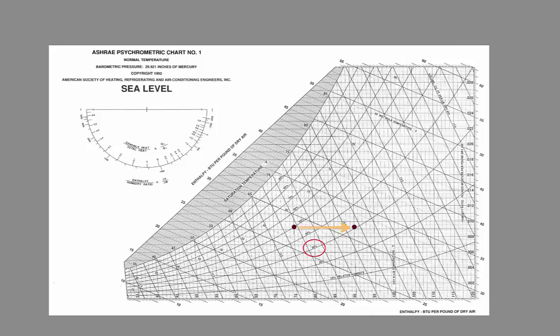But what doesn't change? The humidity ratio, as measured on the right-hand vertical axis, didn't change since the amount of moisture in the air didn't change. Again, we said that this is the absolute measurement of humidity. The dew point temperature also didn't change.